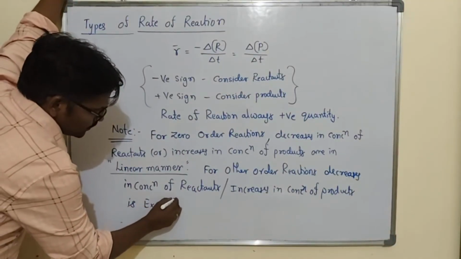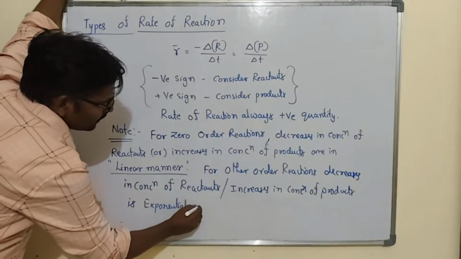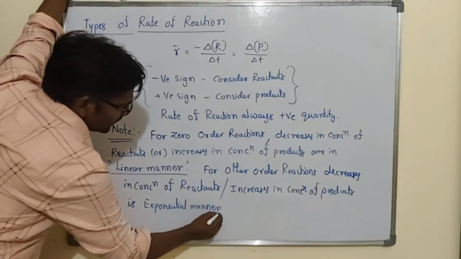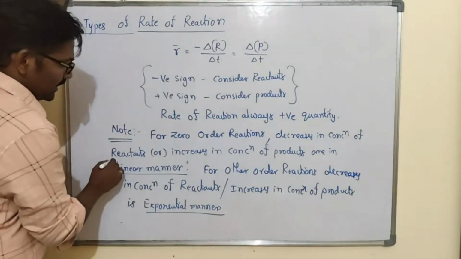So this is exponential manner I told, and this is linear manner I told.